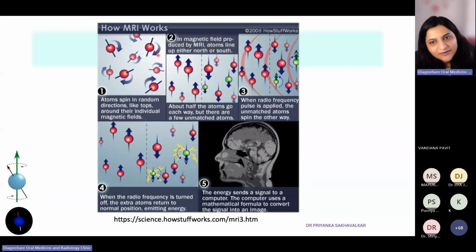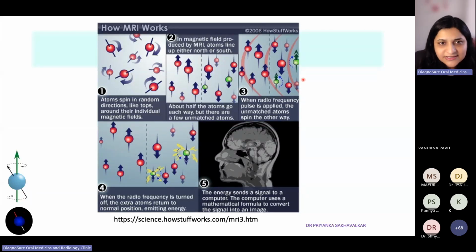Now, how does MRI work? In an MRI scan, the focus is primarily on the hydrogen atoms, which are abundant in the body. Normally, these atoms are randomly oriented. So here you can see these are randomly oriented, but when exposed to an external magnetic field, they align either in the direction of or opposite to the magnetic field. This creates the net magnetization.